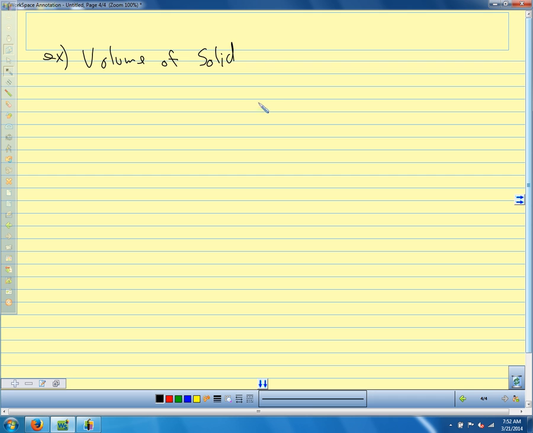Find the volume of the solid bounded by z equals 9 minus x squared, z equals 0, y equals 0, and y equals 2x. So we need to figure out what this solid is, what we're talking about here, so we can set up our integration.